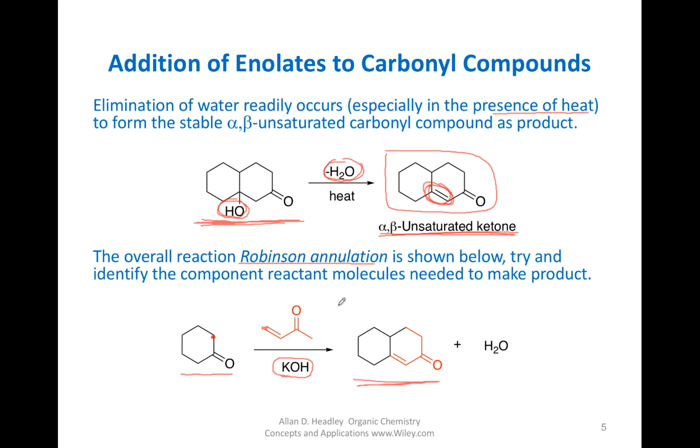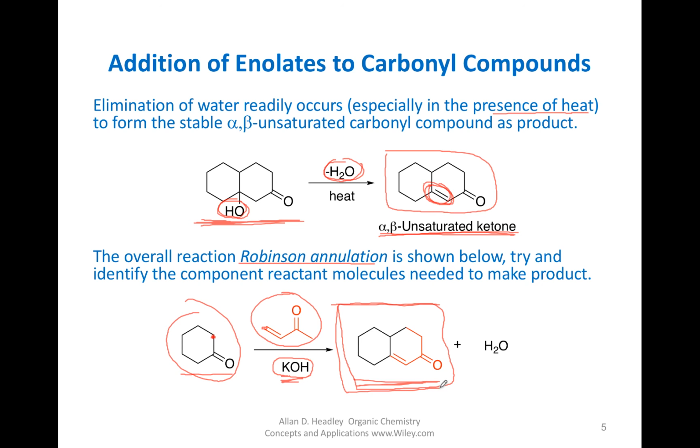Again, I use different colors here, but make sure that you can determine the component molecules here, in the presence of a base, to give you this as the product.